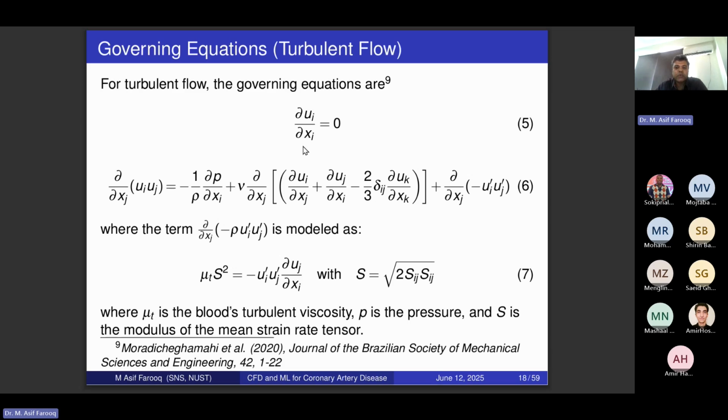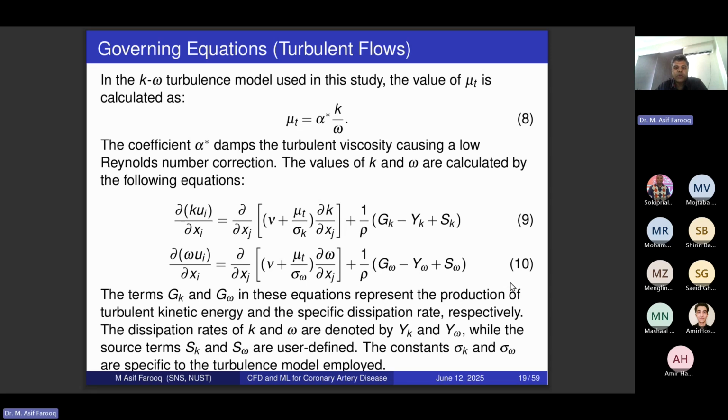What we have here is the same continuity equation, but we also should add some extra terms, which are shown in equation number 6, and their relationship with S and the velocity is given in equation number 7. These are the equations for turbulent flow. So in our model, we have laminar and turbulent flow. Then for turbulent flow, we need to calculate the eddy viscosity, which is given here in equation number 8.